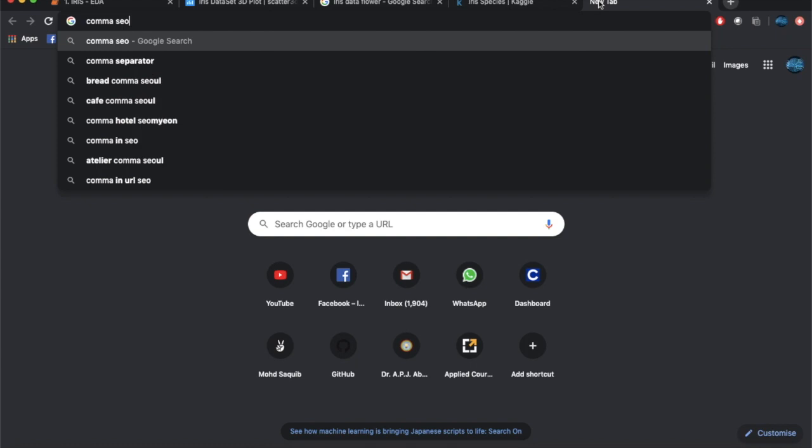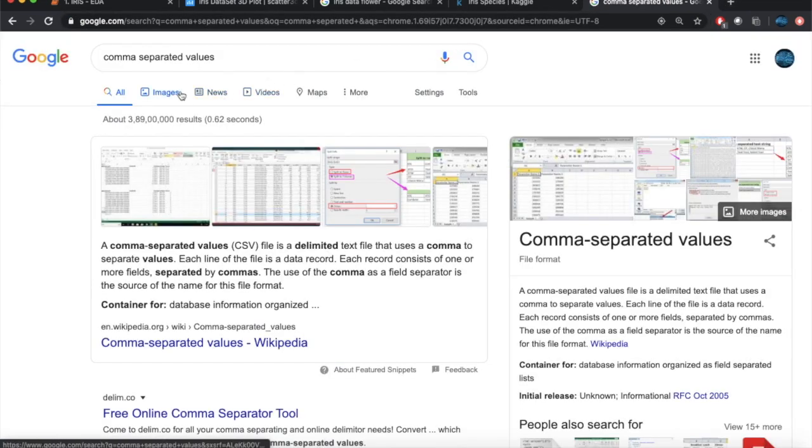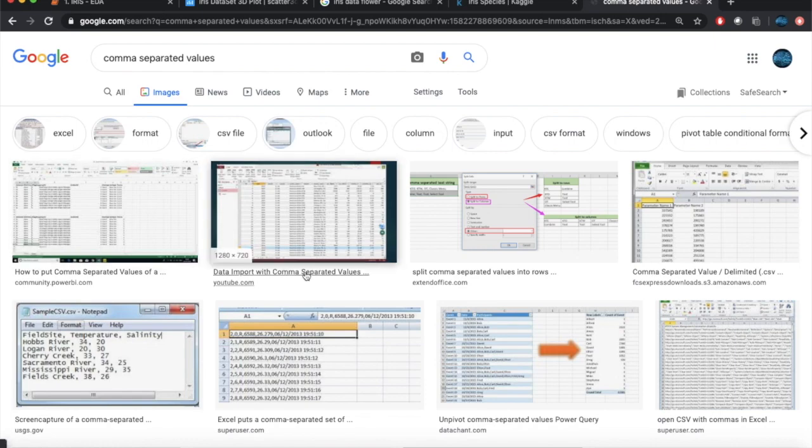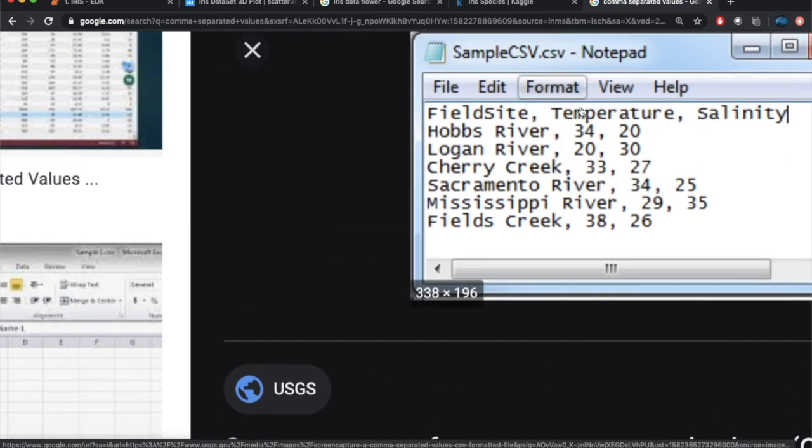This is an example of comma separated values.